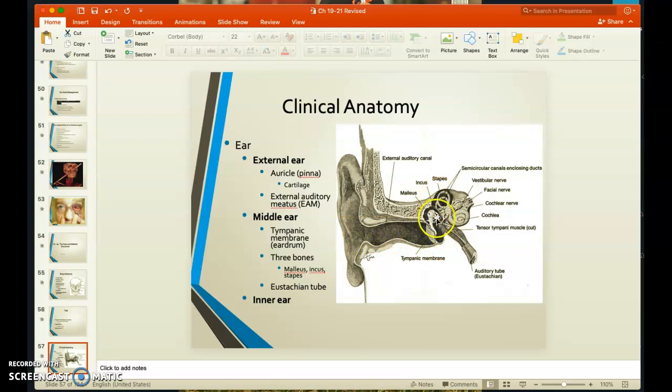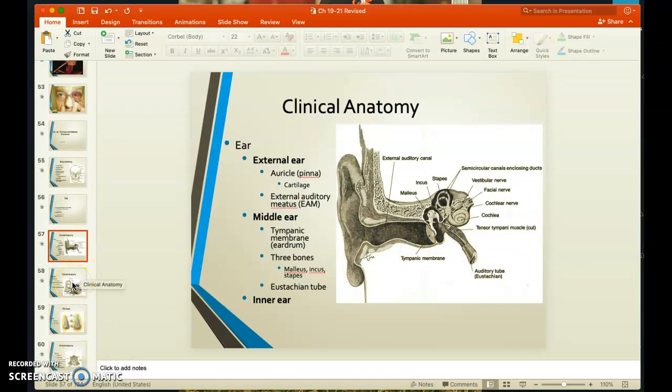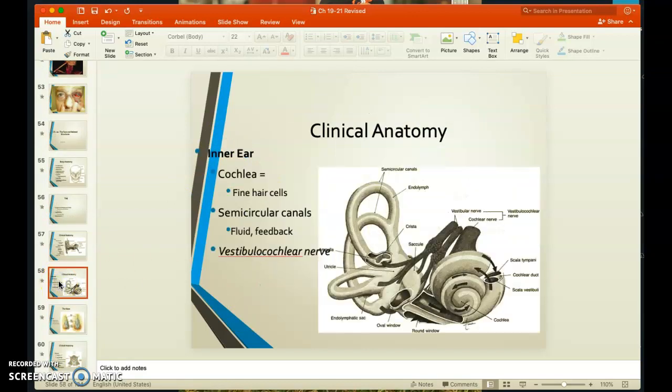We have our three bones in that middle ear, causes vibrations, moves things around, moves the fluid, and our inner ear transmits those signals. They've gone from a physical signal, so those vibrations have been transmitted to a nerve, and then in that inner ear is where we have that understanding of what we're actually hearing. So a very convoluted process. Just be aware, external, middle, and inner, and kind of know in general what they do.